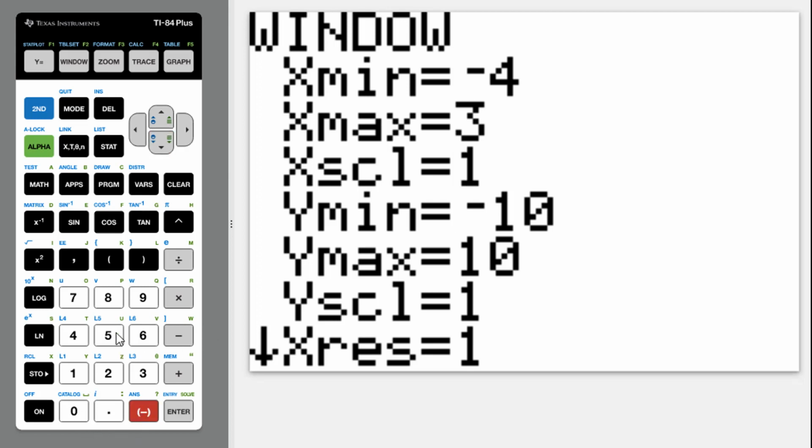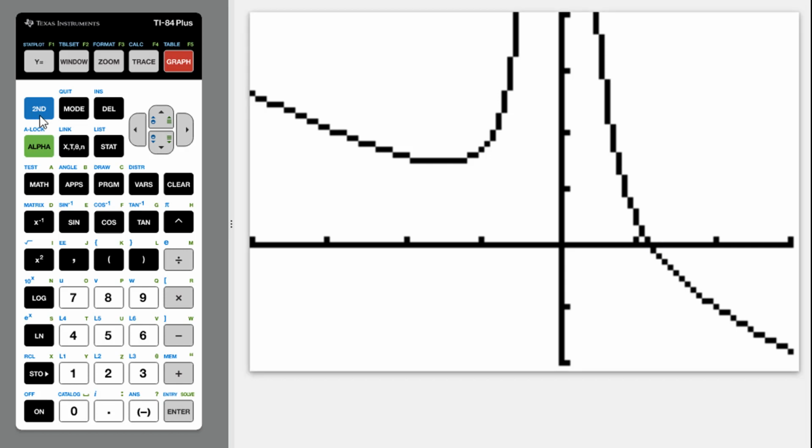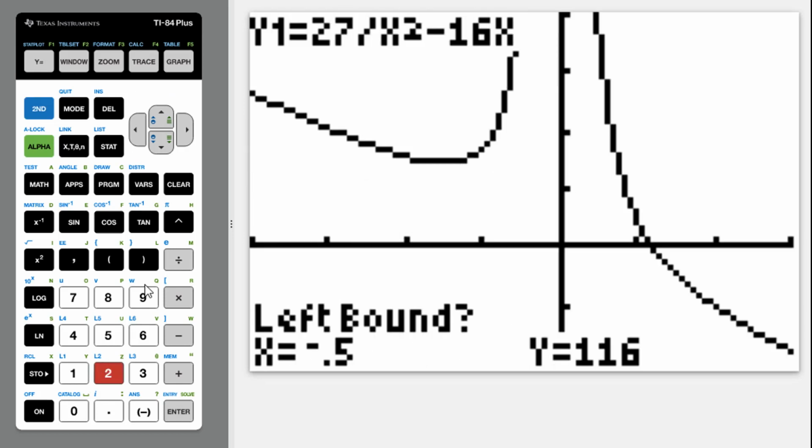For y minimum, go to -50. Maximum 100. And scale we set up 25. Then you graph. You could say this is what the graph looks like. We can work out the 0 now. Second trace, press 2.